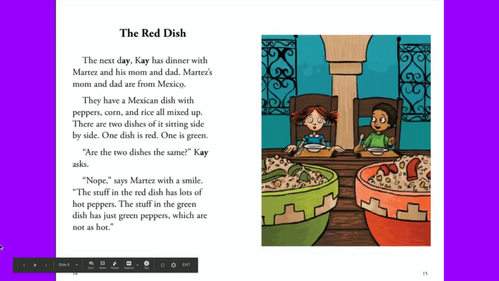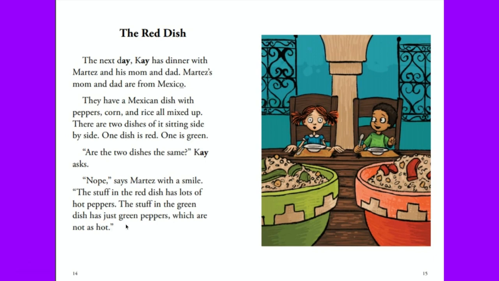But before we go, I want us to focus on Martez's character. We learned from our last story that Martez has good manners. So we're going to go back through our story and see if you still think Martez has good manners. Martez on this page says, "Nope, the stuff in the red dish has lots of hot peppers.